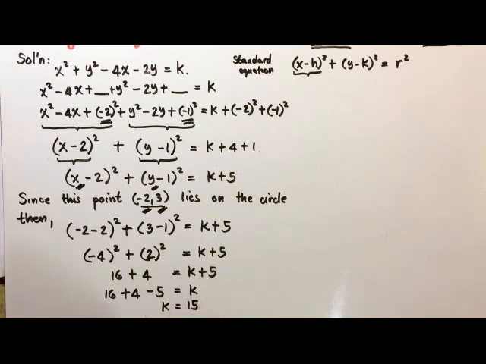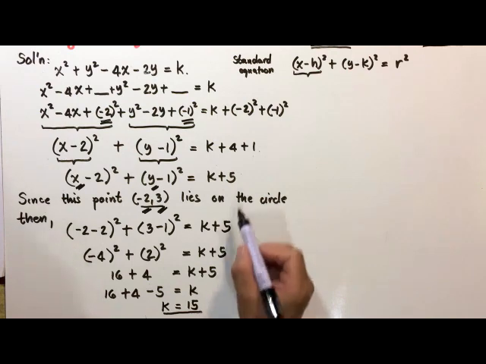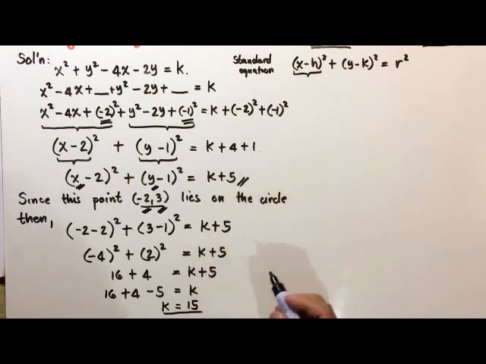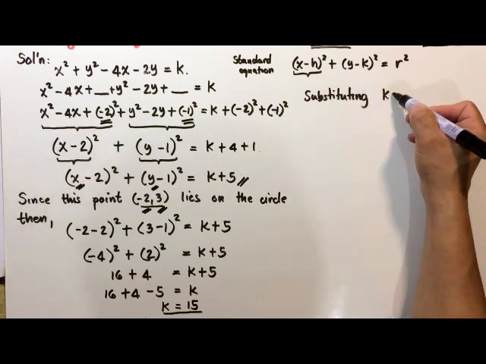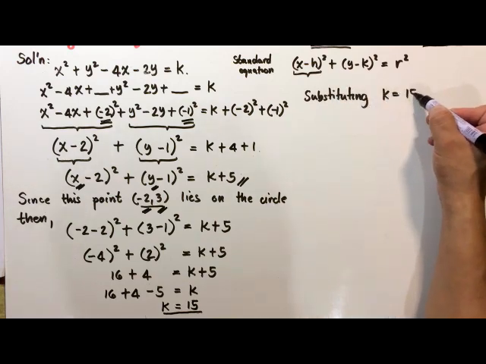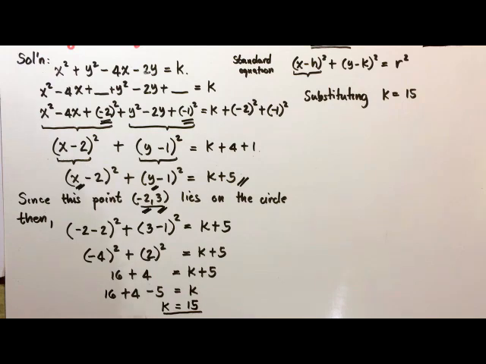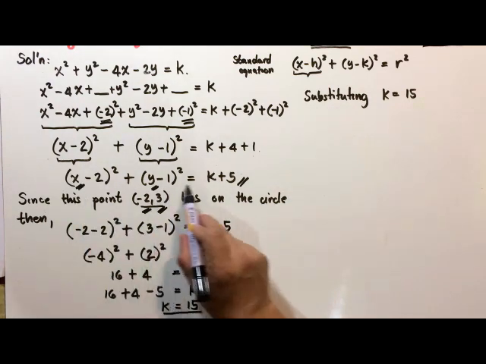Now that I know k, I can substitute the value of my k here. So substituting k, which is equal to 15, into this equation. So what equation? This one.